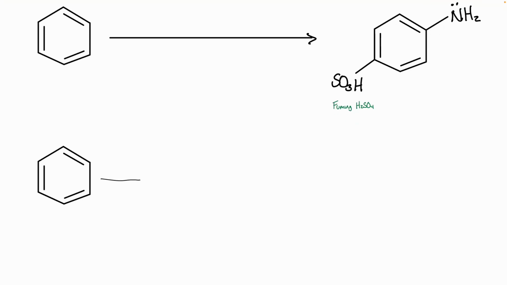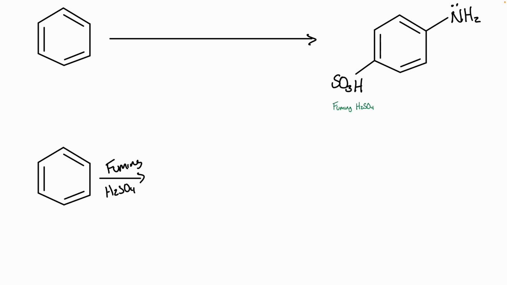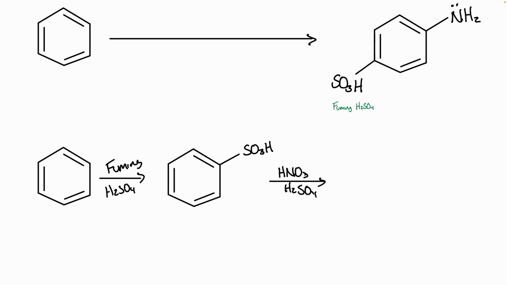All right, let's say that first I want to use that fuming sulfuric acid. All right, and then I'll do my nitration reaction. Well, if I do it in this order here, where is that incoming nitro group going to go?